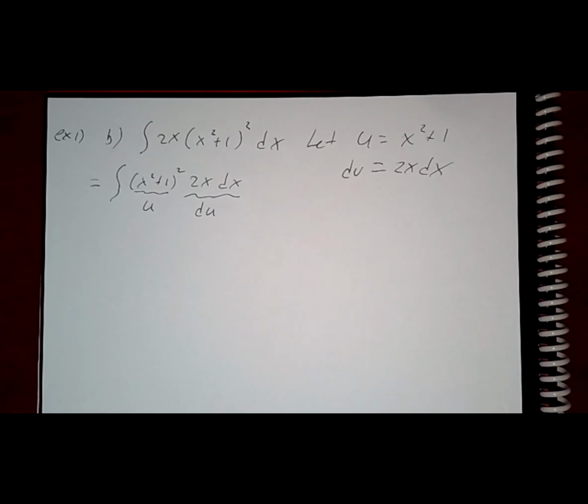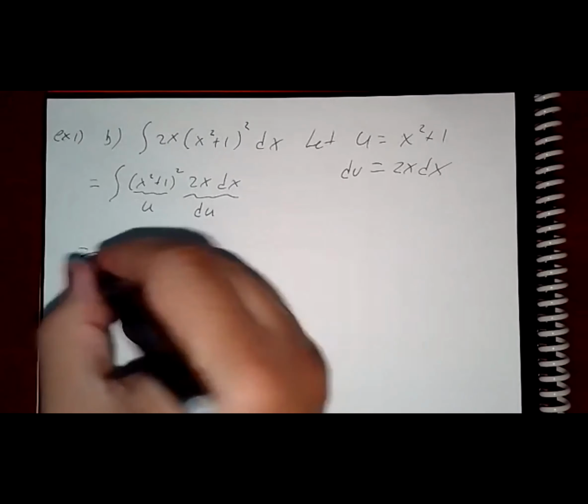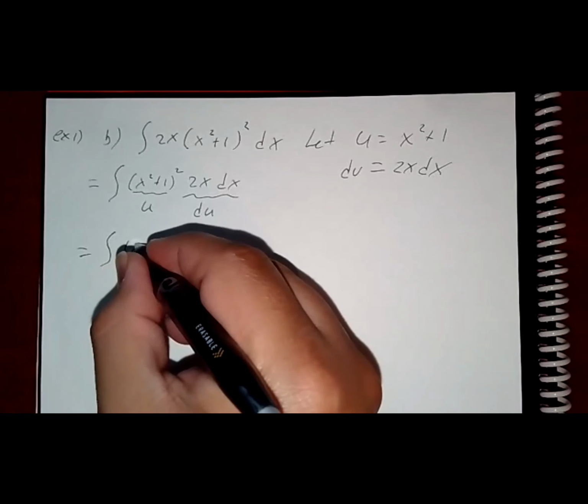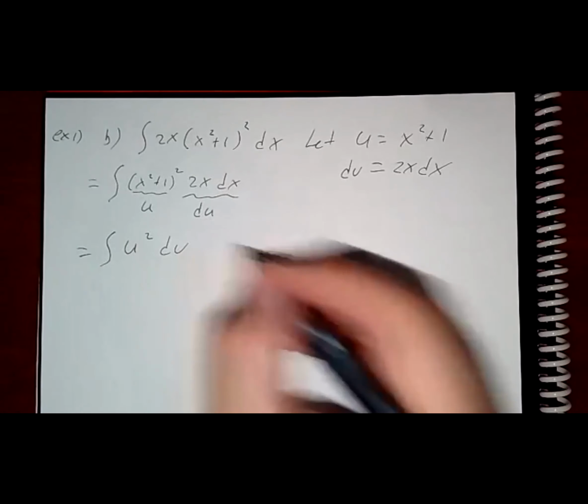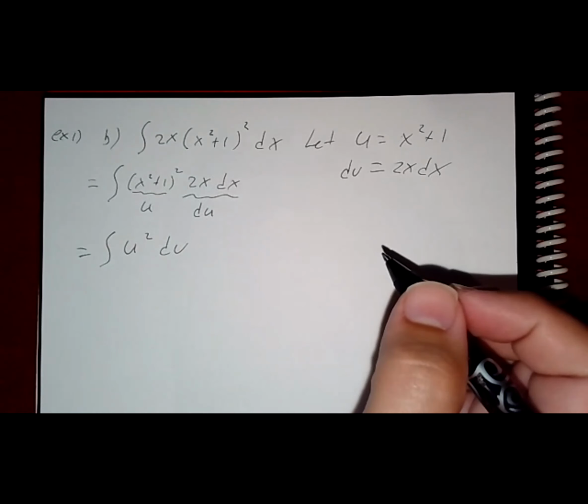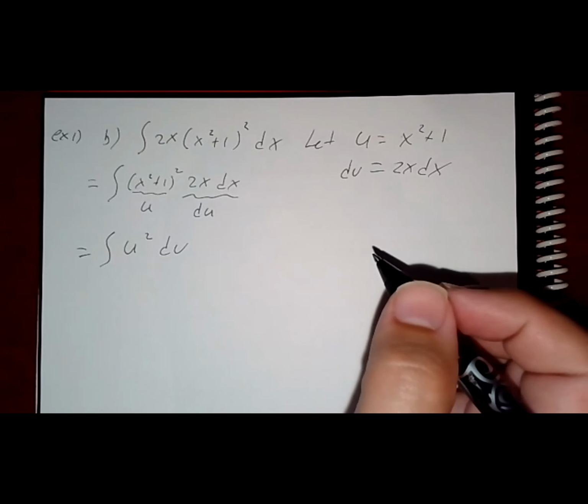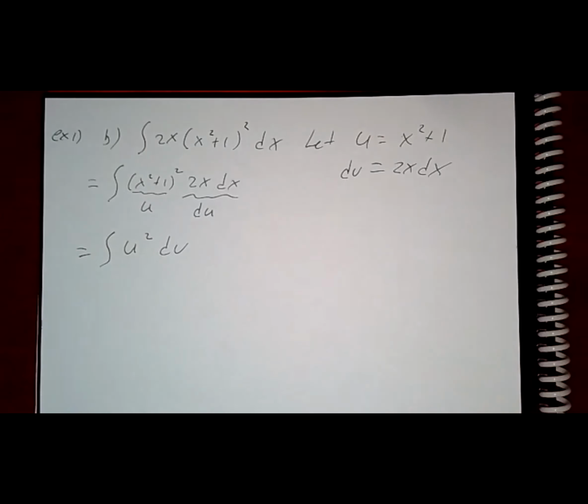You see what I mean? So then do the substitution. So we have u squared du. So once you do the substitution, there should not be any x's or dx's. It has to be u squared du.